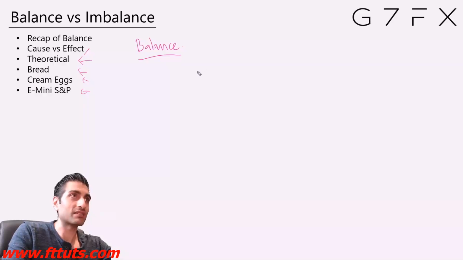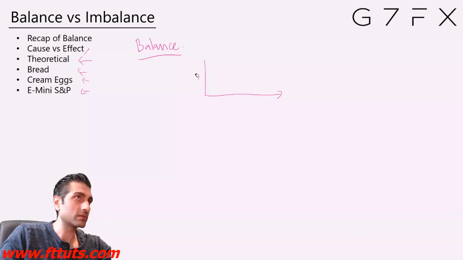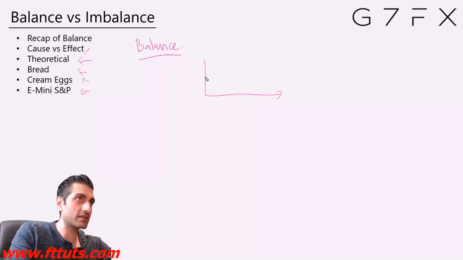So in terms of balance, let's have a recap in theory of how it works. We've already given a couple of examples, where we had the bread example, and we talked about bread being at £1. Sorry, that's a terrible £1, isn't it? Bear with me, let's get this drawn slowly, properly.